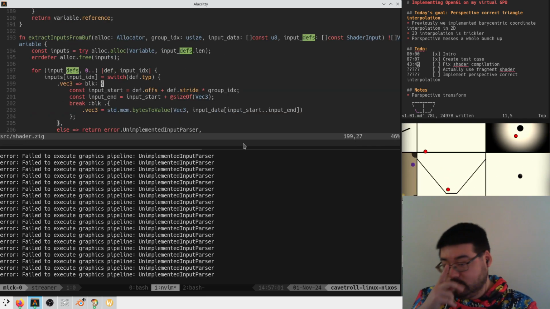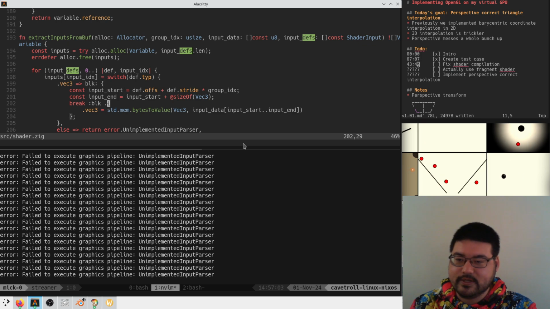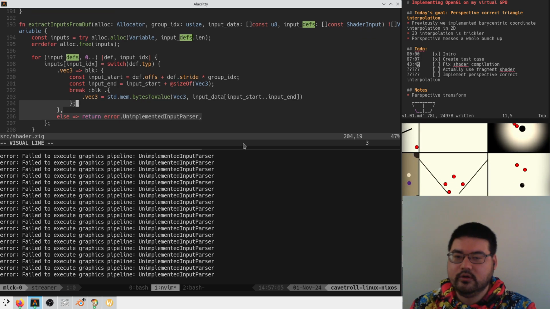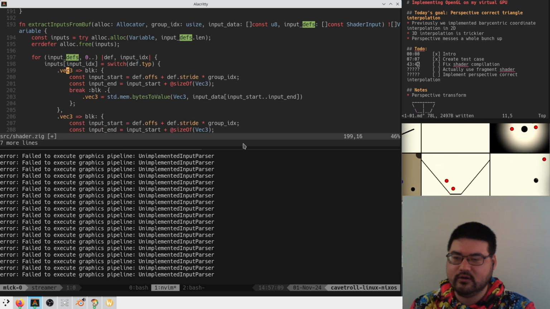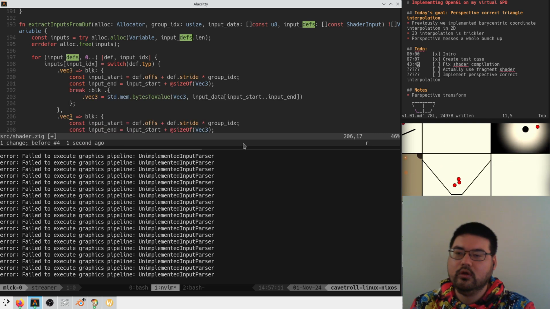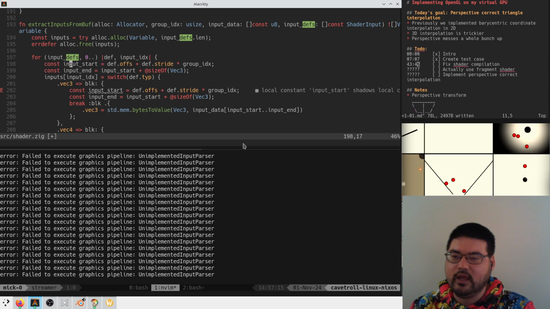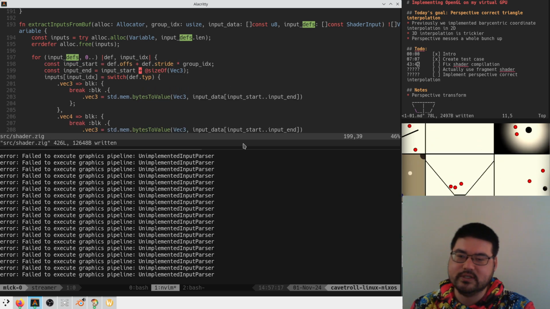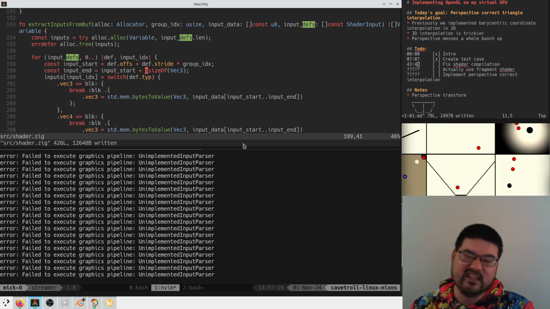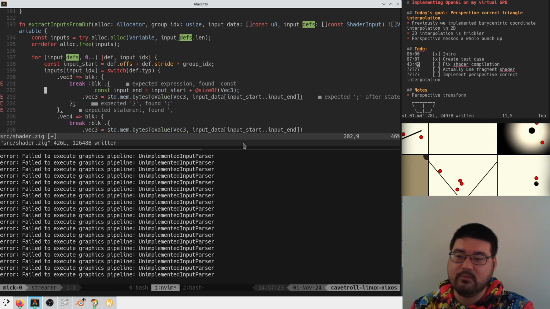Extract inputs from buffer. Yeah, this makes sense. So I guess we have to handle vec4, which probably uses the same start and end inputs, right? But the input end is probably type dependent.